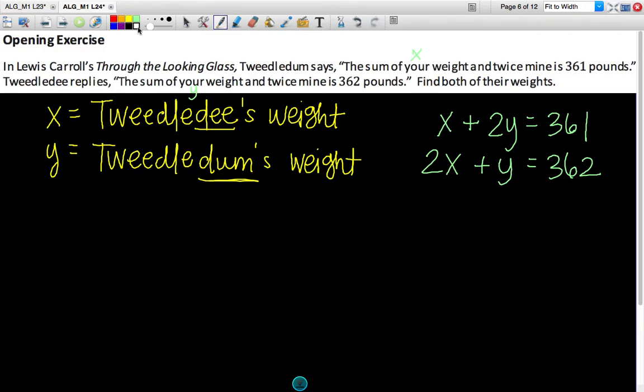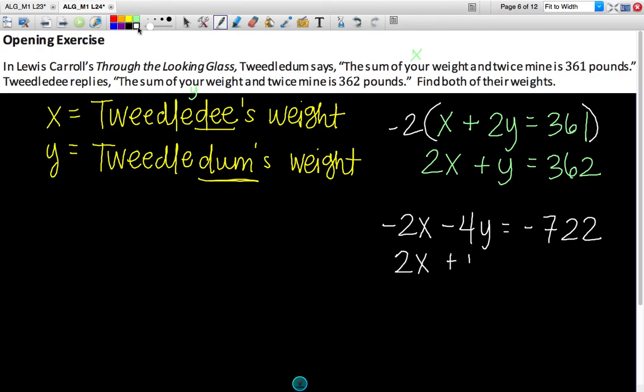What can we do to solve this? I'm going to choose the elimination method, and I'm going to multiply the top by negative 2 so that I can cancel my x's. So my new top would be negative 2x minus 4y equals negative 722. I'm going to bring down the bottom equation. 2x plus y equals 362.